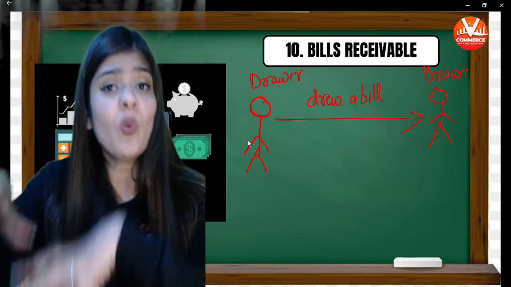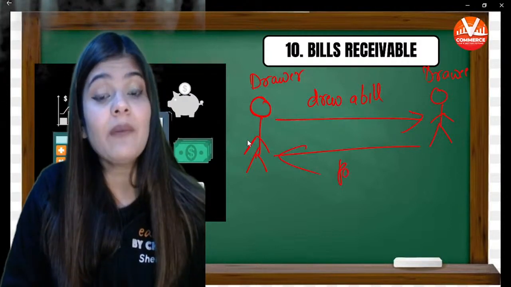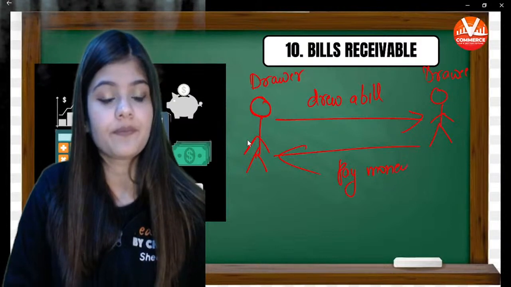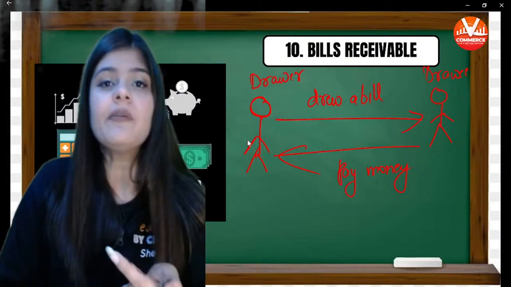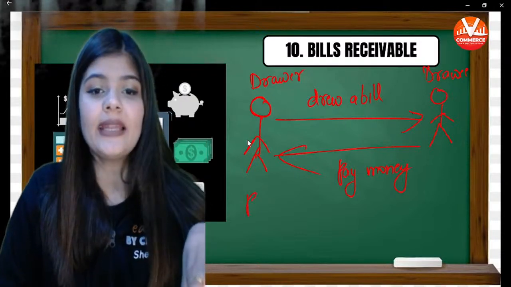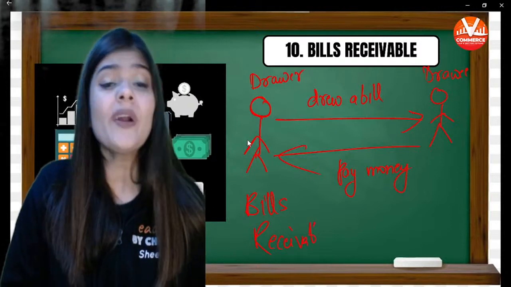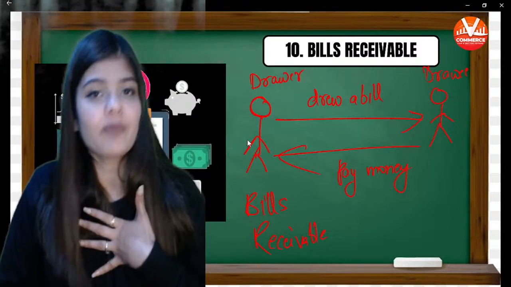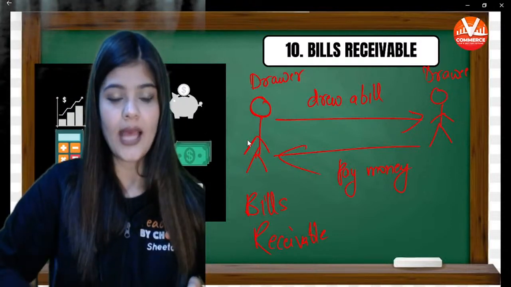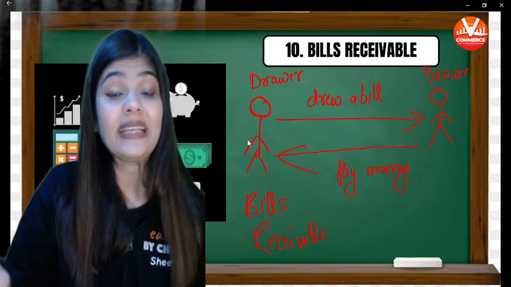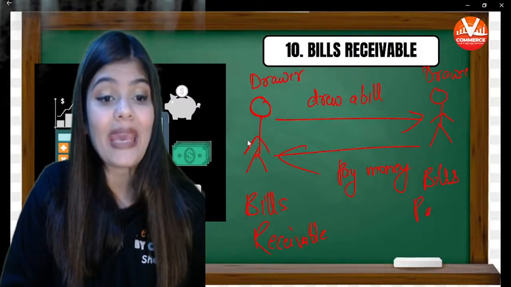So he is the one. Drawee will make the payment. So he will pay money to me. Now the person who will receive the money, for that person the bill is bills receivable. Who will receive money? I will receive money, so I will call it bills receivable. And Ankit will pay money, so for him it is bills payable.